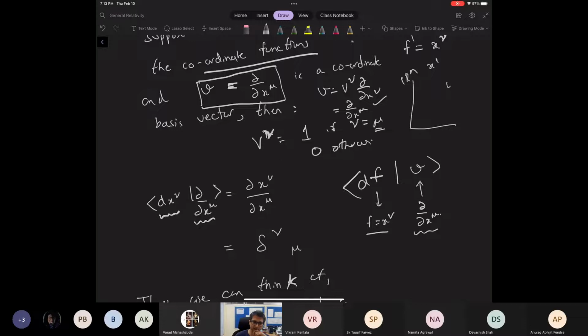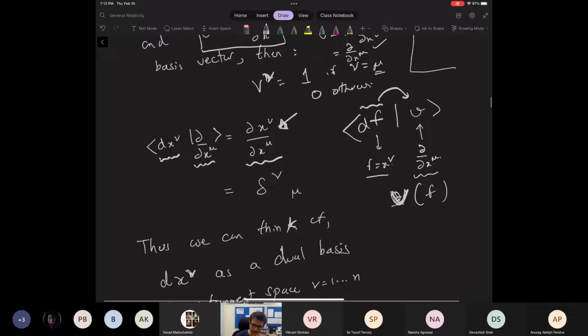And now we'll use the definition of what its action should be on the vector v. The action on the vector v should be such that it yields the action of v on f. In other words, it's going to yield partial x mu acting on x nu, which is just delta nu mu. So if mu is the same as nu, you get 1. If mu is different from nu, you get 0.